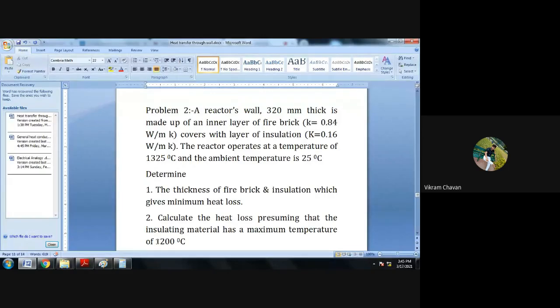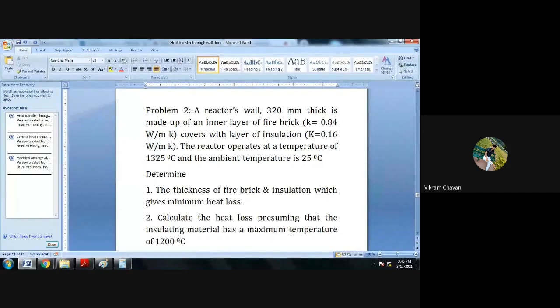Consider wall A as the fire brick wall, and wall B as the insulating material wall. This 1200 degrees Celsius temperature is provided for the insulating material, and it is the highest temperature for the insulating material. So where do we get the highest temperature for the insulating material?